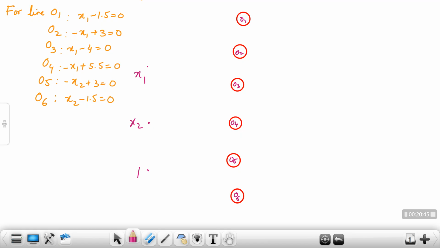Now for the first one, O1, I have X1 minus 1.5. So I take X1, the weight is 1, and from the bias I take minus 1.5. Similarly for O2, I have minus X1 plus 3.